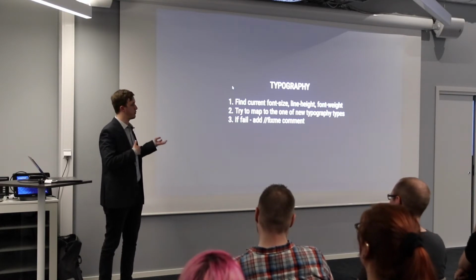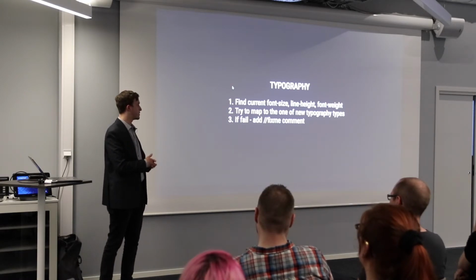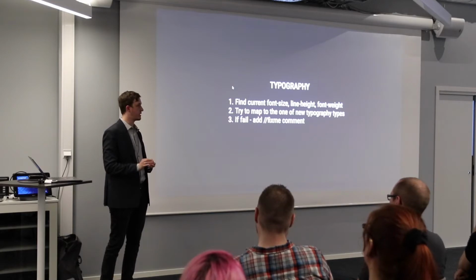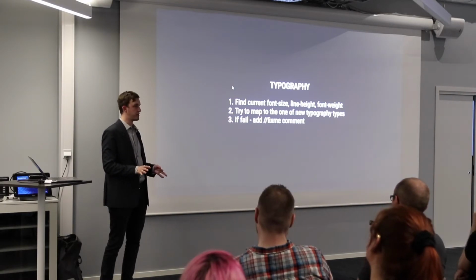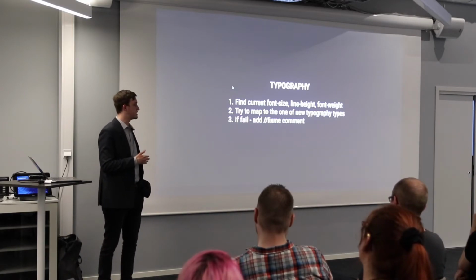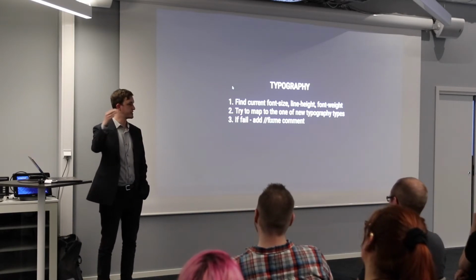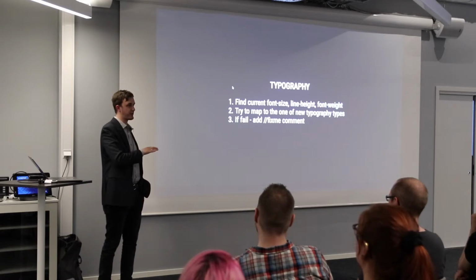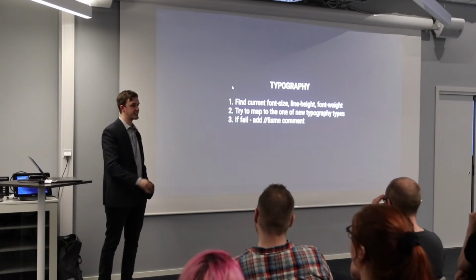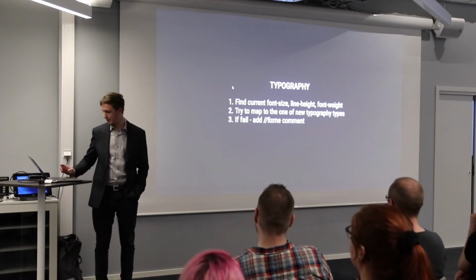If we were unable to do that, then we just added a fixme comment. And it worked like a charm, every time, and the developers didn't need to do a thing. They just ran it and boom, it's working. Sometimes it was not ideal from the designer's perspective because it was incorrect usage in the first place, of the sizes and line heights and whatsoever, but that's another question.